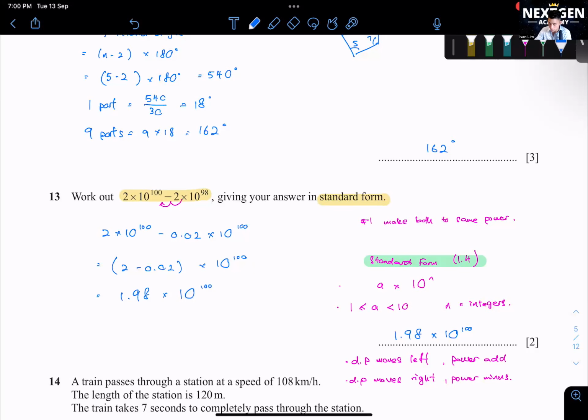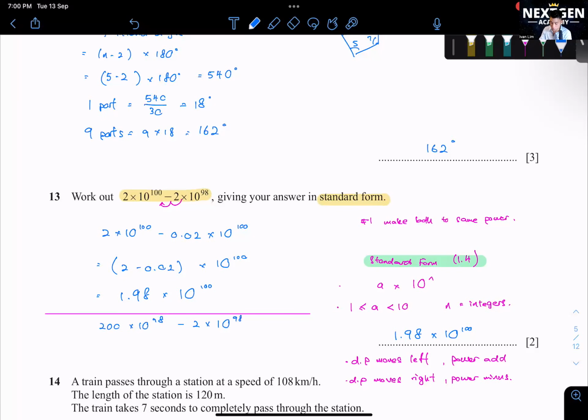What if you change both to 98? You can, but you have to change it back to the standard form. If you change it both to 98, this one will become 200 times 10 to the power of 98 minus 2 times 10 to the power of 98.